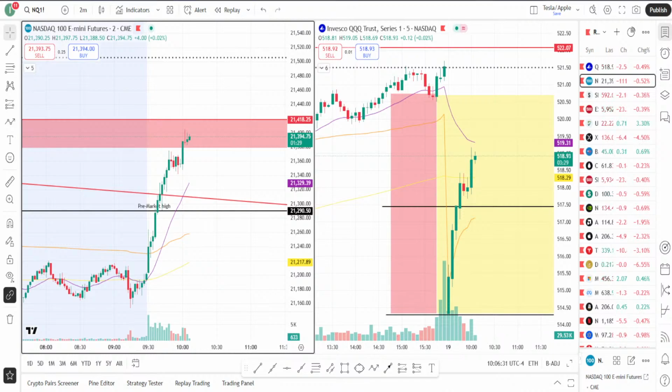Straight up, man. What a crazy morning. Market's just ripping today. It's crazy how we can have negative news and the market can still rip like this. It's crazy.